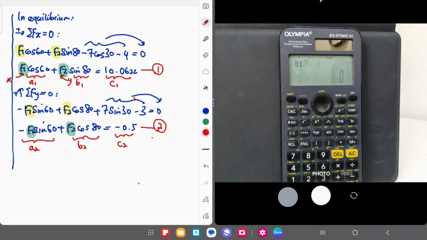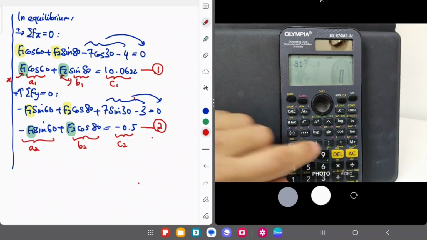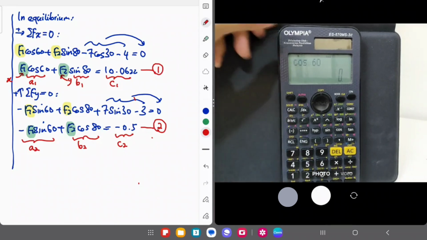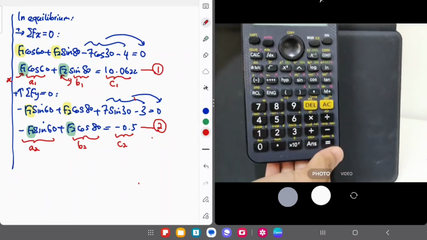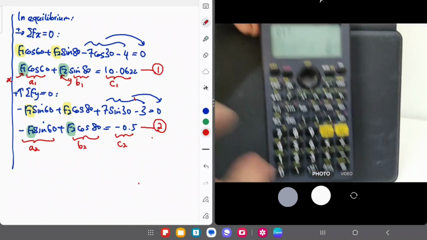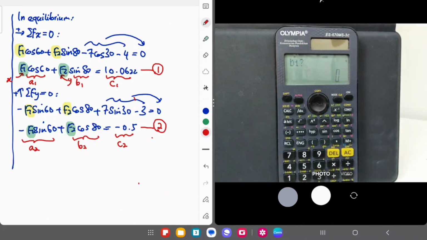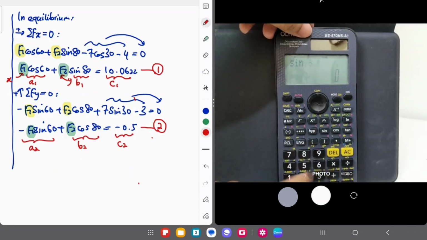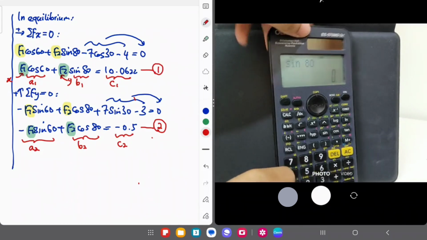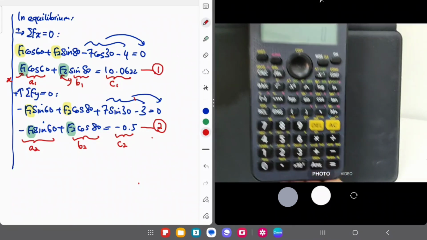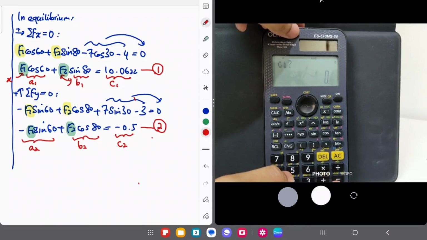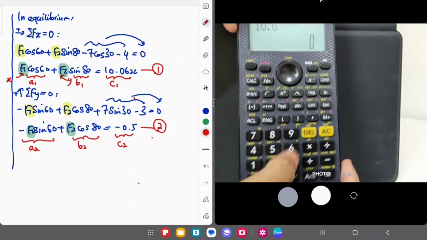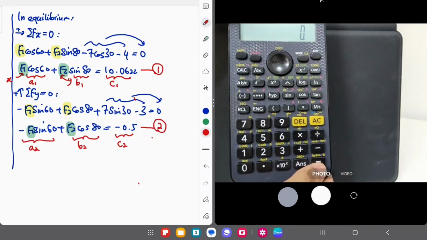Referring to our equation, a1 is cos 60, so you key in cos 60 and press the sum button. The calculator will ask the value of b1. b1 is sine 80, and you press the sum button again. Your value of c1 is 10.0622, and you press the sum button.